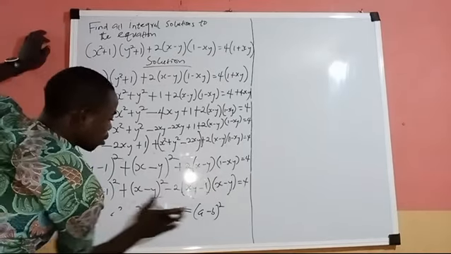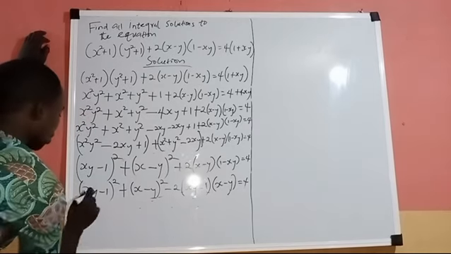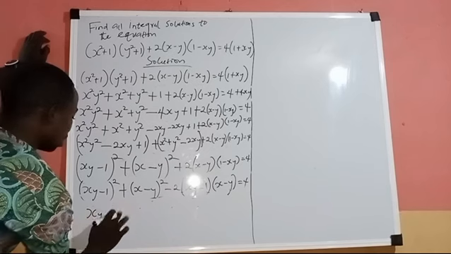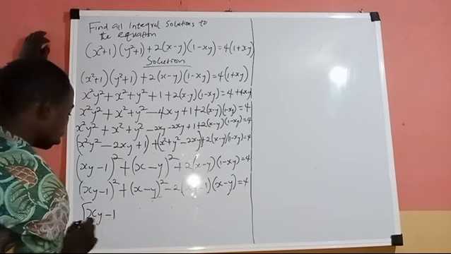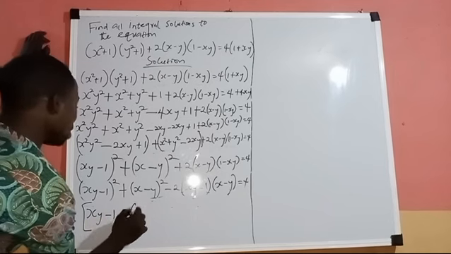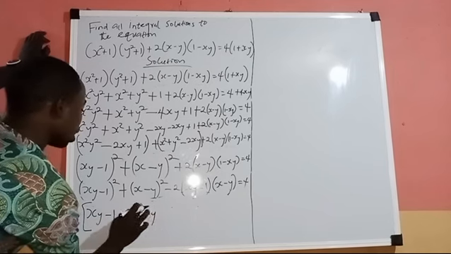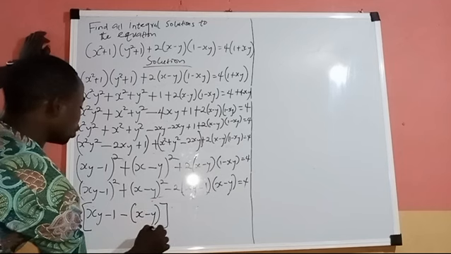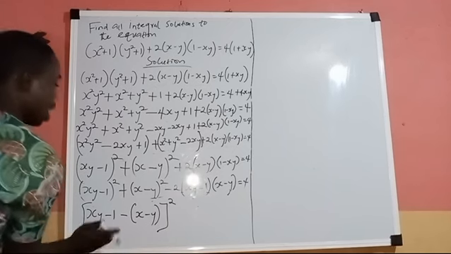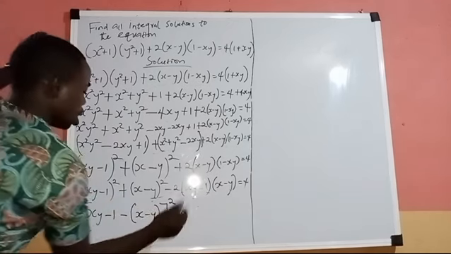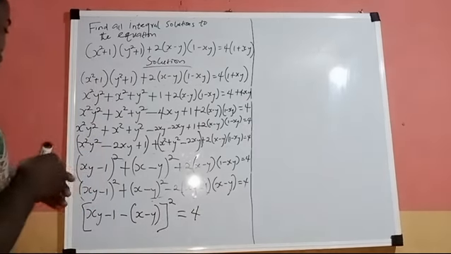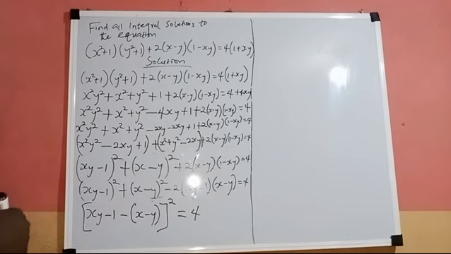Now if I clean this right here, I'm going to write this whole thing as: a is xy minus 1, let me put it in parentheses, and then minus, let's put our b as x minus y, and then this whole thing is going to be squared. If you expand this term that we have here, this is what it's going to give you, and it is equal to 4. So it's looking much smaller right here.